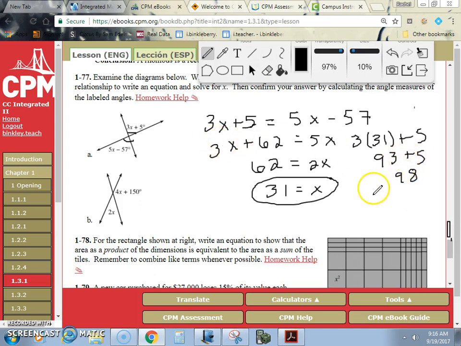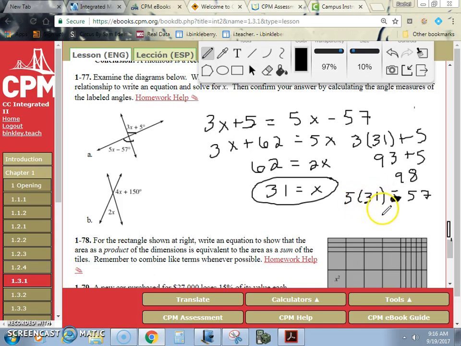If I am correct, the other angle, which is 5 times x, but instead of x, I'm going to do 31, minus 57, should also be 98 degrees.